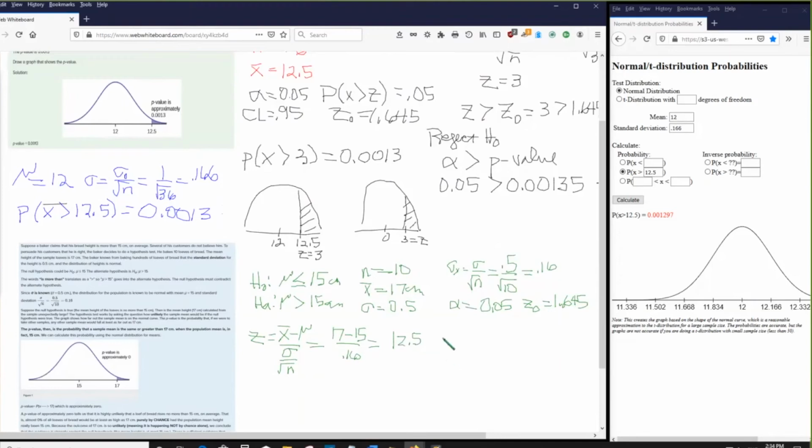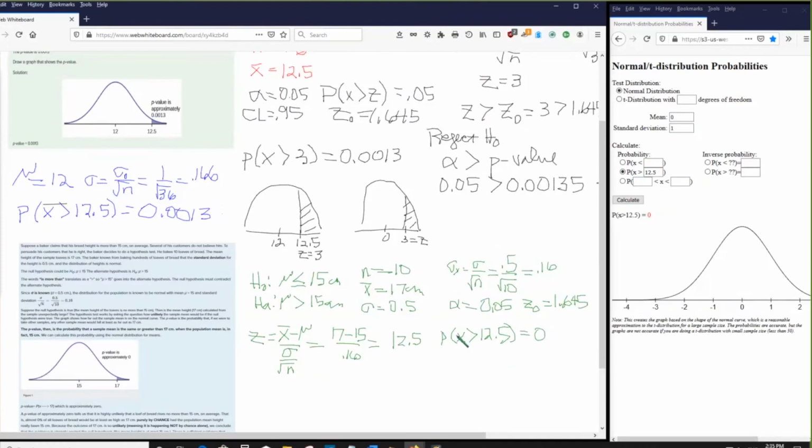Then I find my p-value, which is the probability that x is greater than 12.5. If I plug that in with 0, 1, 12.5, that gives me a probability of 0.